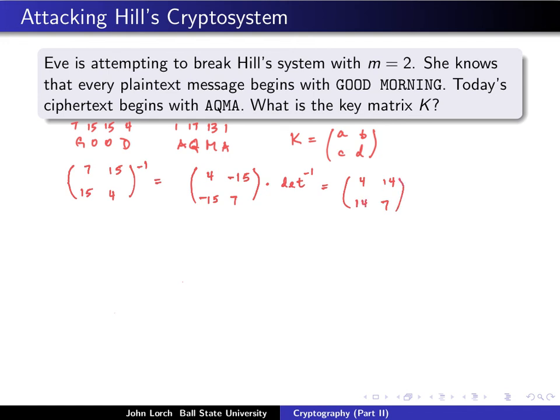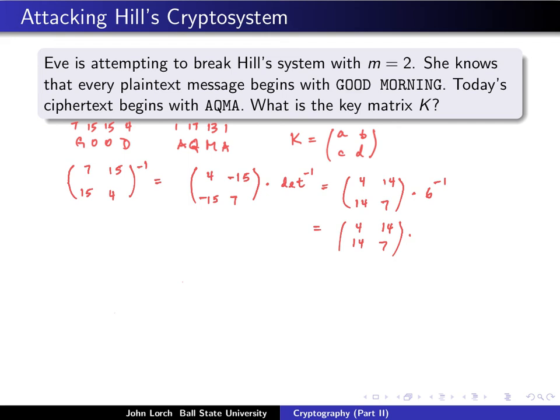And the determinant of this matrix is 4 times 7 minus 14 squared. And if you compute that mod 29, you get 6. So you want the multiplicative inverse of 6. Now you might notice that if you take 6 times 5, you get 30, which is 1 more than 29.